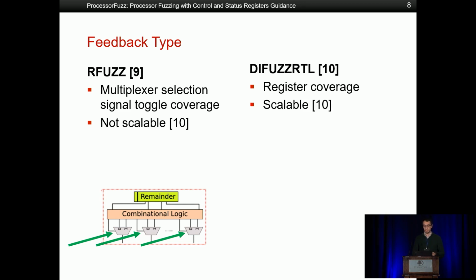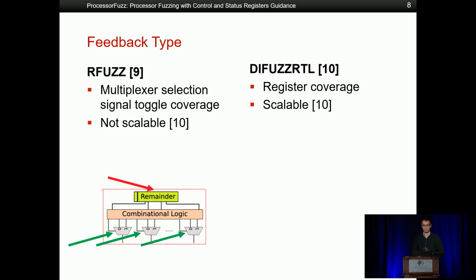Therefore, DifuzzRTL proposes a scalable approach, namely register coverage. They don't track every single register, but rather any register that directly or indirectly affects the value of the multiplexer selection signals.